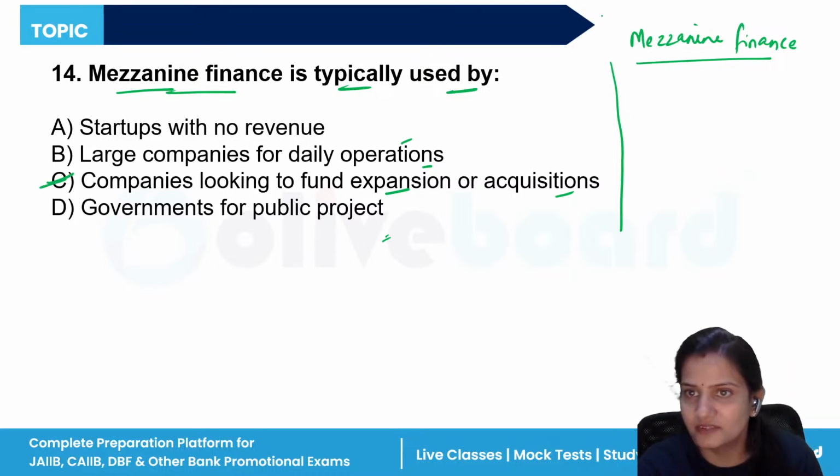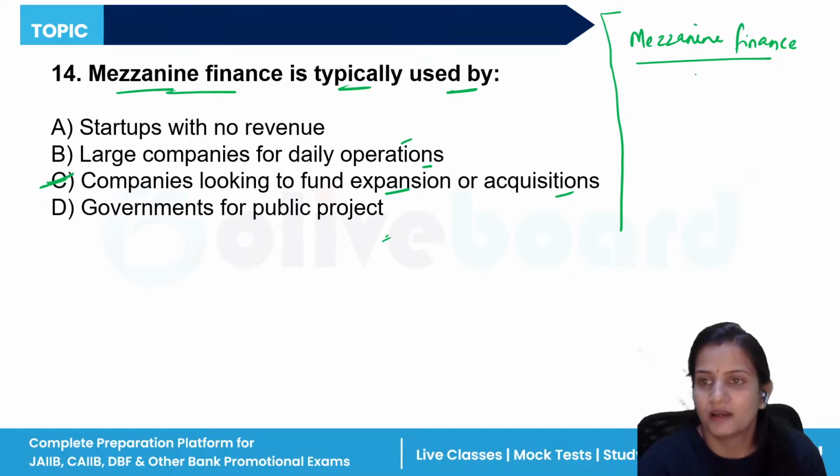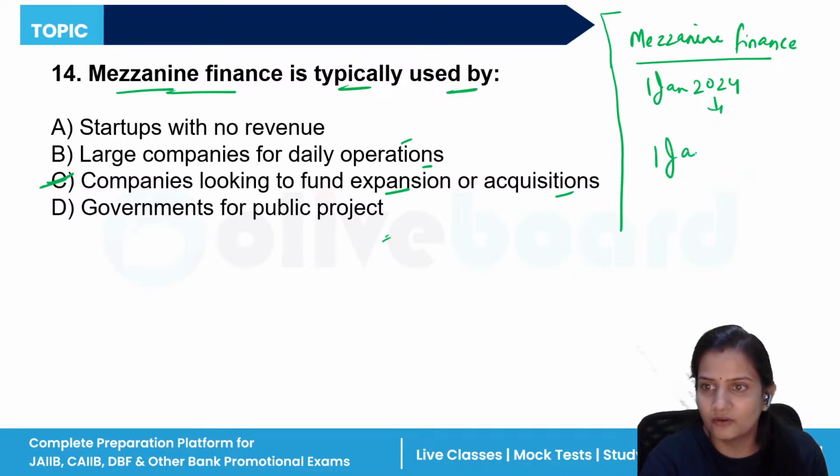See, what happens in mezzanine finance? Suppose you have taken a loan on 1st January 2024 for 3 years. It means that you have to repay your loan in 2027.